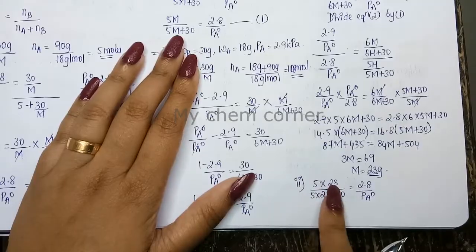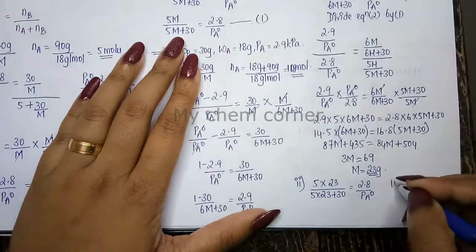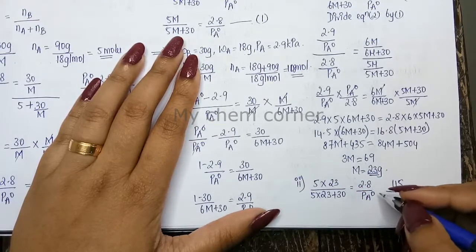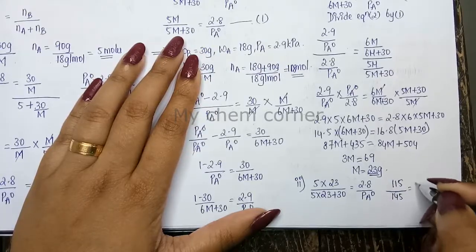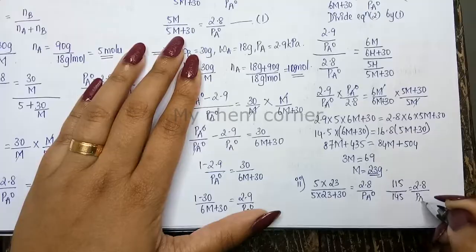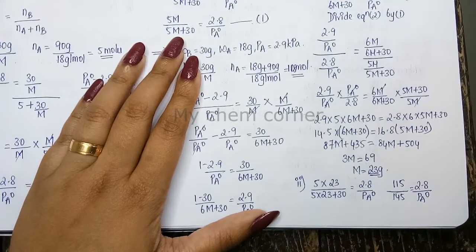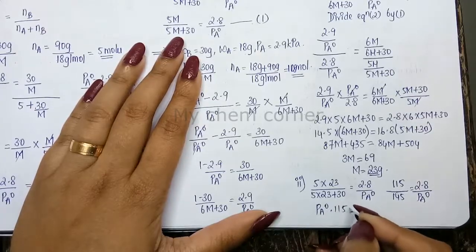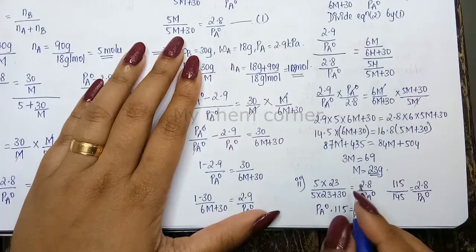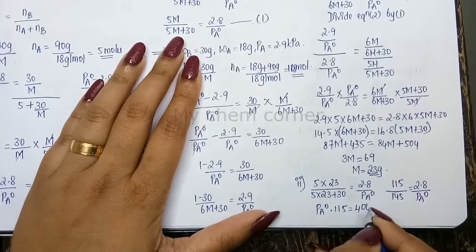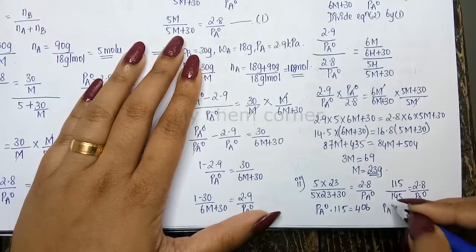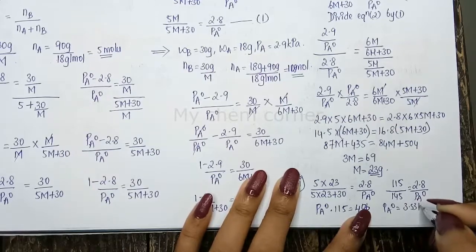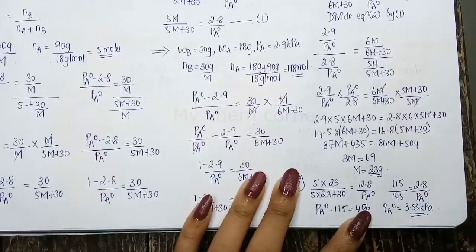When I simplify the numerator, I will get 115, and 5 into 23 plus 30 is going to give me 145, which is equal to 2.8 divided by PA naught. Now it is a simple cross multiplication. So we will get PA naught into 115 is equal to 145 into 2.8, which gives me 406. So now the PA naught value is equal to 406 divided by 115, which is 3.53 kilopascal. So that's our answer for the second question.